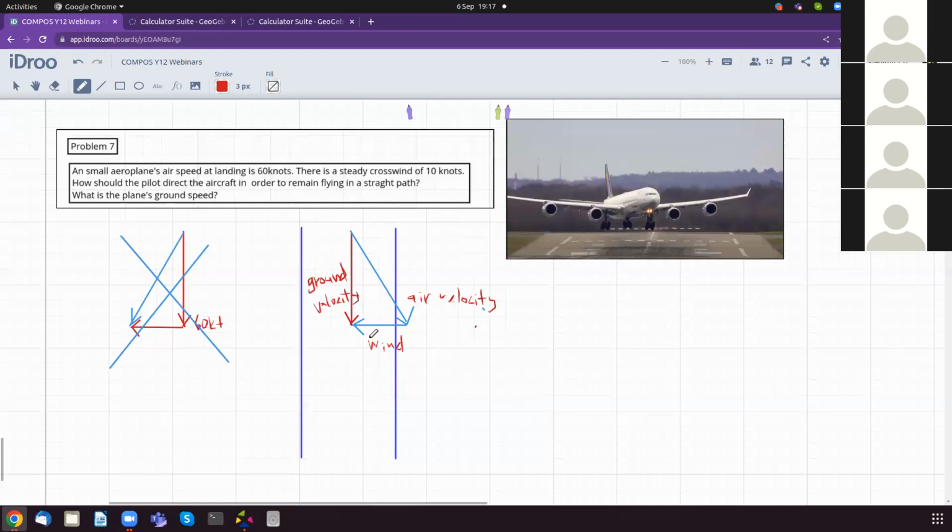So look, in most questions involving vectors, just a good diagram is half the job. And so this is 60. This is the speed of the plane. This is 10 knots. And then you can use the magic Pythagoras theorem to find the ground velocity and the angle.